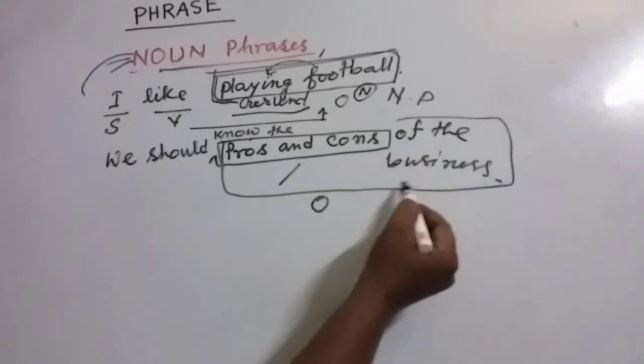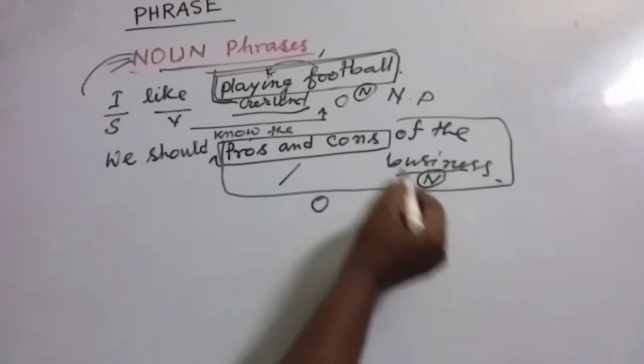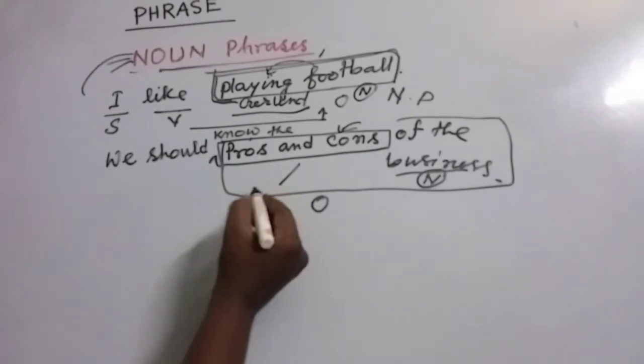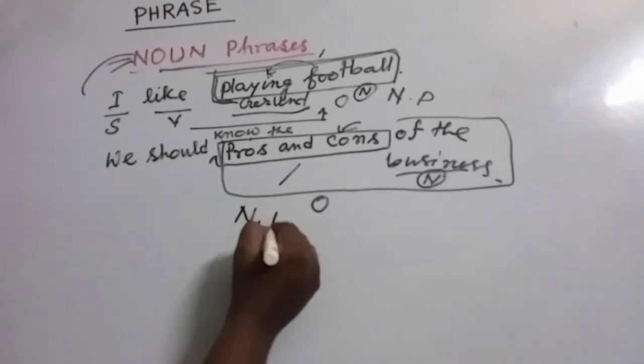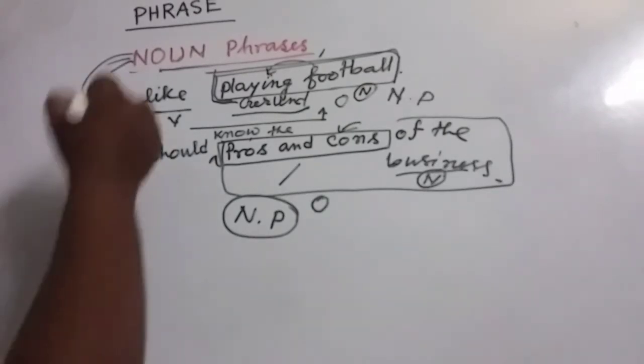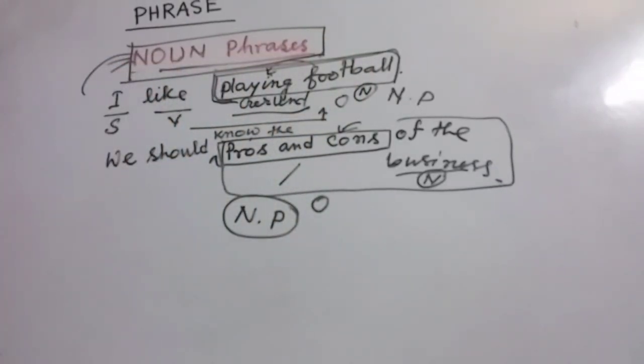So here you can see this is the noun, and with this noun we have used an idiom, and entirely it has become a noun phrase. My dear friends, in this way we can form a noun phrase and use it in our regular sentences.